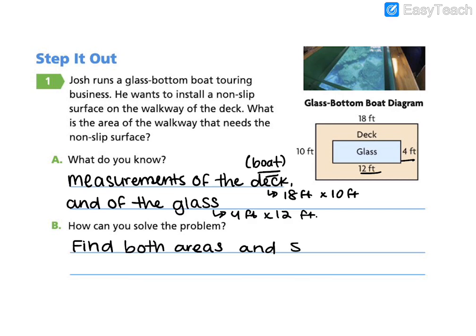And we're going to subtract the area of the glass. Because if he's going to pay for all of this material, he doesn't want it for the area that he can't use it on. Right? He's not going to put down a non-slip surface on the glass. So we want to find just the surrounding area.